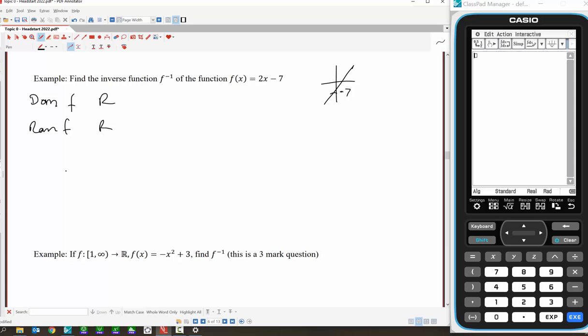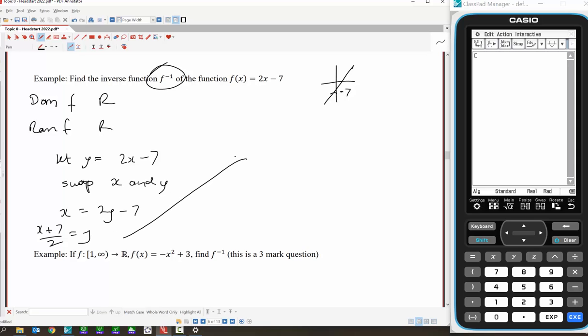Okay, so what we'll do, let y equal 2x take 7, swap x and y, x equals 2y take 7, and then because they want the inverse function f negative 1 of x, I need to make y the subject, so it's x plus 7 on 2 equals y, and therefore my inverse f negative 1 of x is going to be x on 2 plus 7 on 2, or you can write it in that form, that's fine, where x is an element of all real numbers.